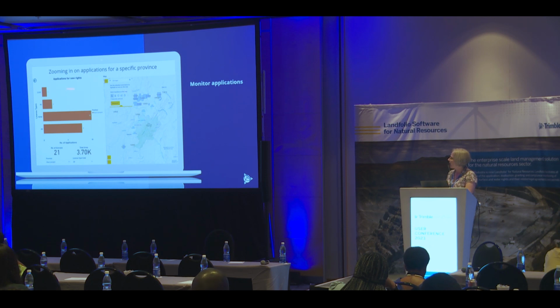I can then go ahead and click on one of these bars to see the information about that. So even clicking on the bar acts as a filter, and you don't necessarily have to have a drop-down. So if I click on that bar and only show, and I can't see there, but I think it's prospecting licenses, the applications for that, then I can see there's only 10 applications for that type, again the area total, and now I can see those 10 applications on the map as well.